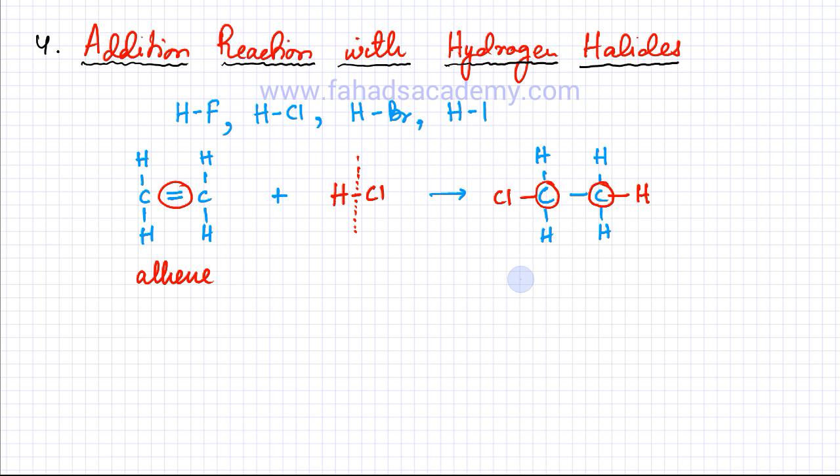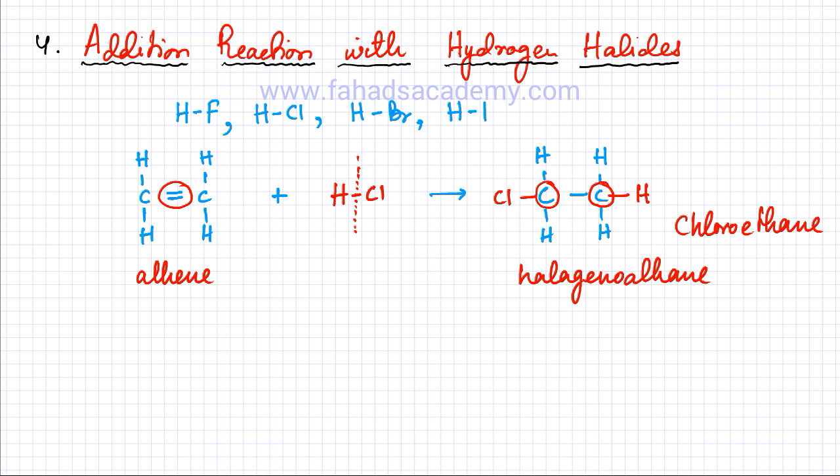So in this reaction, you convert an alkene to a halogenoalkane, and in this particular case you're converting that into chloroethane.